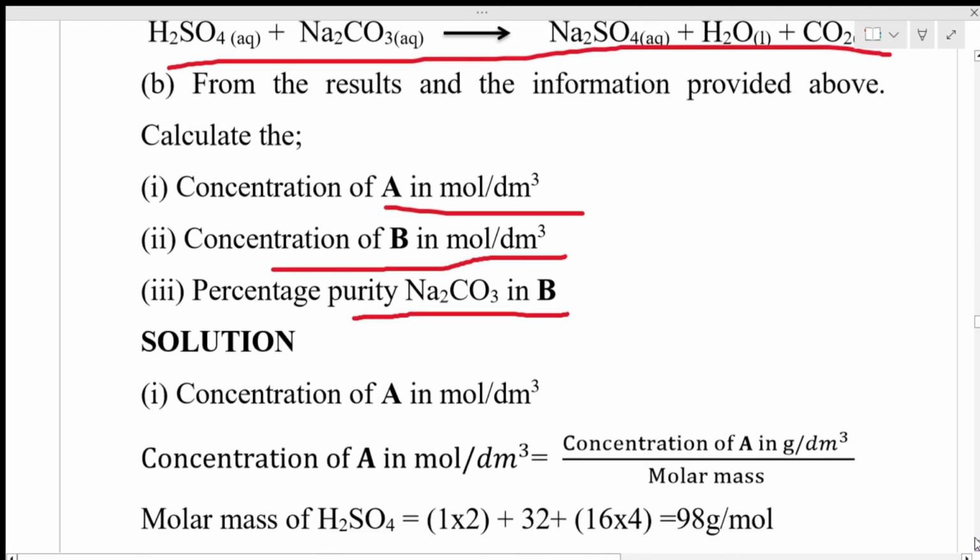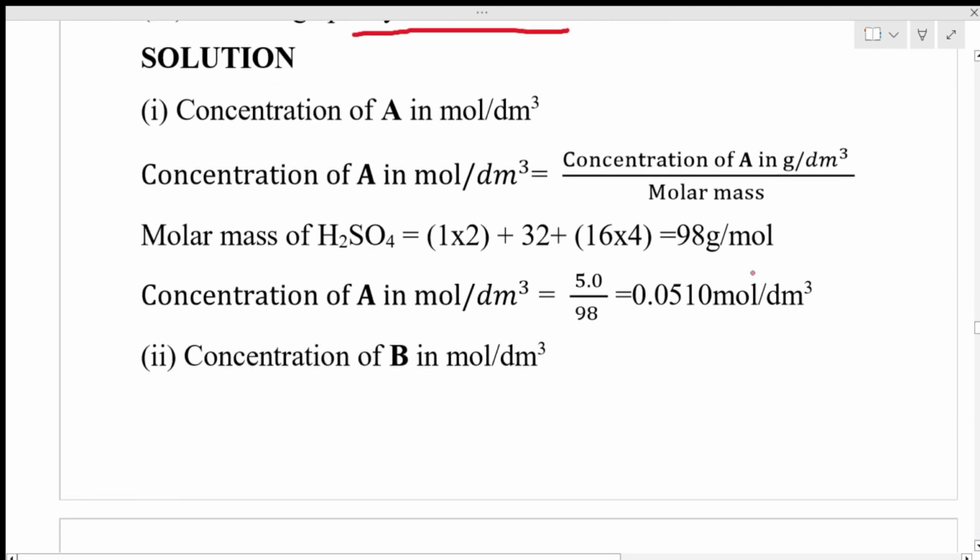Dive in. Let's calculate conc of A first. We are given 5 gram per dm³. So you calculate the molar mass to be 98 gram per mole. Divide by molar mass, you have 0.0510 mole per dm³ of A. Remember, of A, the acid.